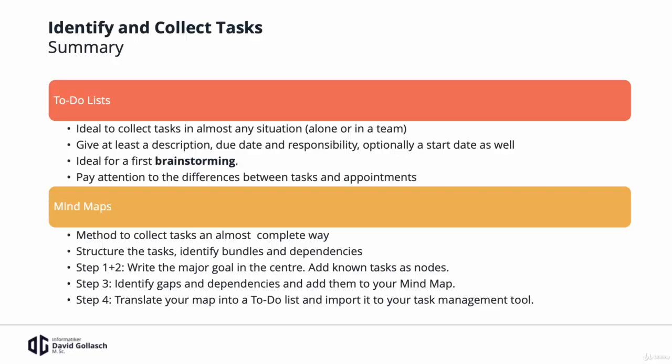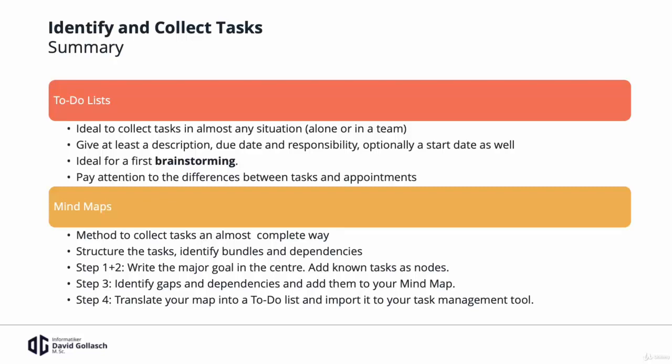So to-do lists are in the first place ideal for a brainstorming phase, when identifying all the tasks that need to be done. Important is also that when taking down to-dos, it's important to differentiate tasks and appointments. On to-do lists, you only take down real tasks that need to be done, not appointments.